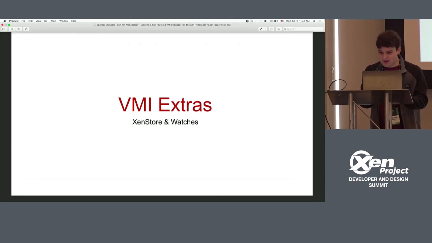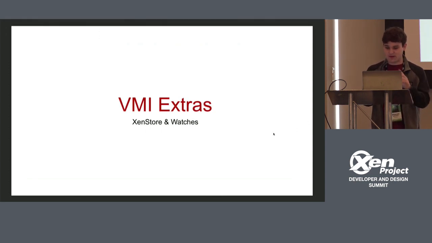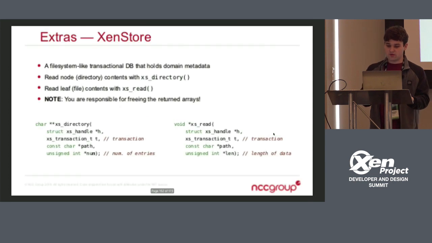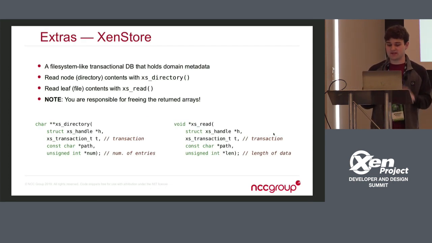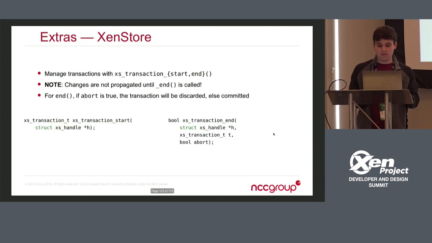I'm pretty sure I don't have time to talk about the extras in detail, but basically XenStore you can use to read domain metadata using the xs_directory and xs_read functions primarily. It's not an actual file system, but a file-system-like structure. You basically start a XenStore transaction and pass this transaction handle to those functions.